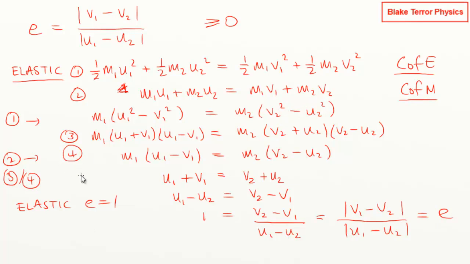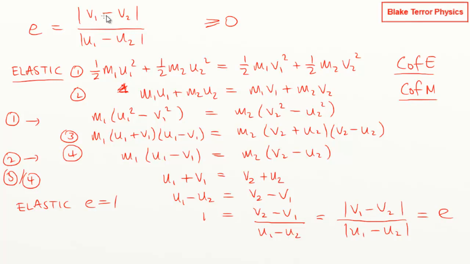If we had a totally inelastic collision, say they've just smacked into each other and they've stuck together, so V1 is equal to V2. Well, if V1 is equal to V2, we've got 0 at the top here. So it certainly doesn't work.